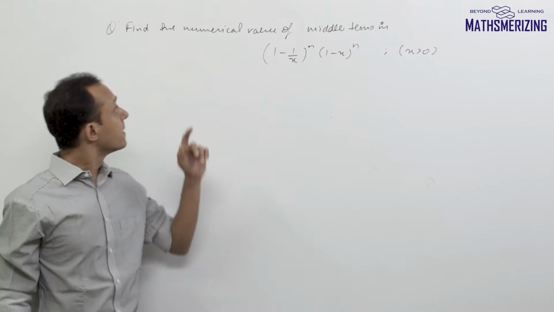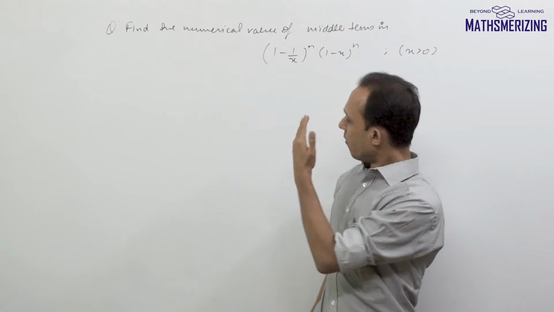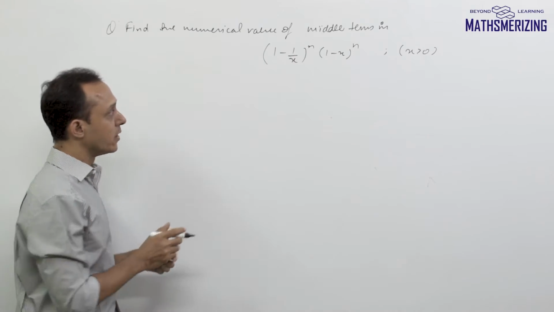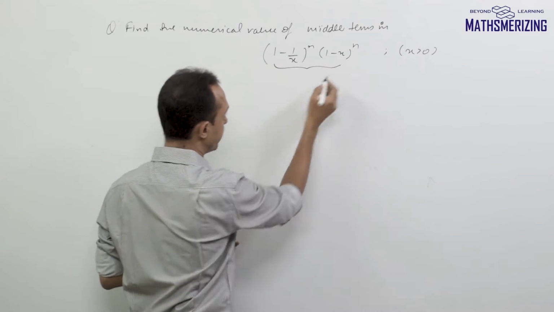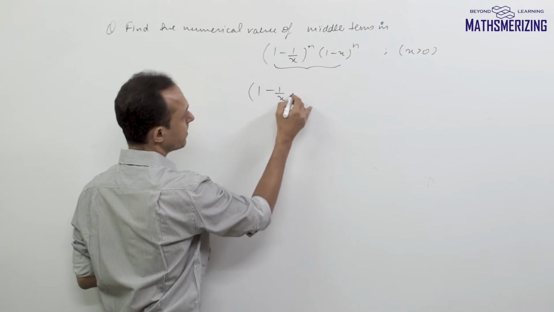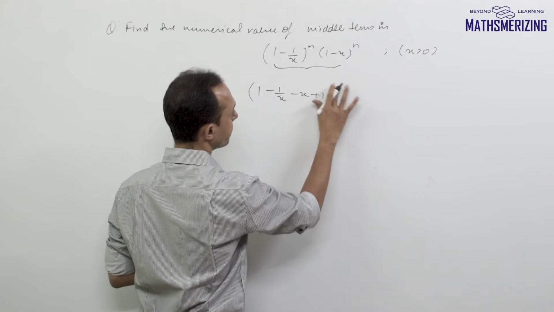Here the question is, find the numerical value of the middle term in the expansion of (1 minus 1 by x)^n into (1 minus x)^n. So what I'll do is, I'll multiply these two expressions. If I multiply them, I'll write (1 minus 1 upon x minus x plus 1) whole to the power n.